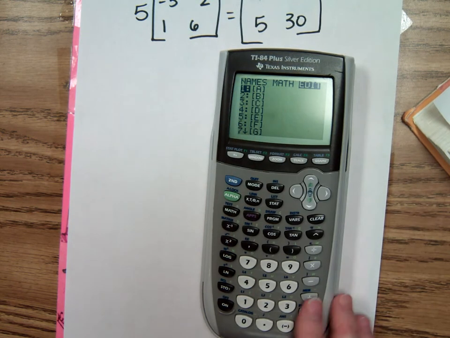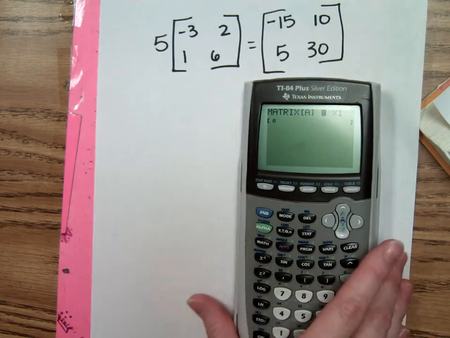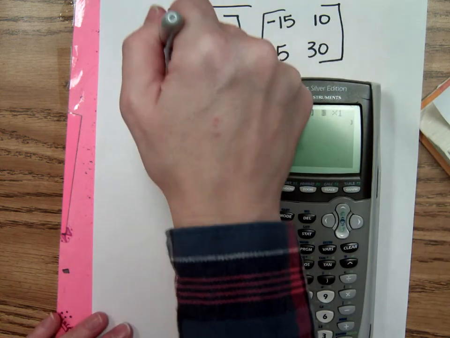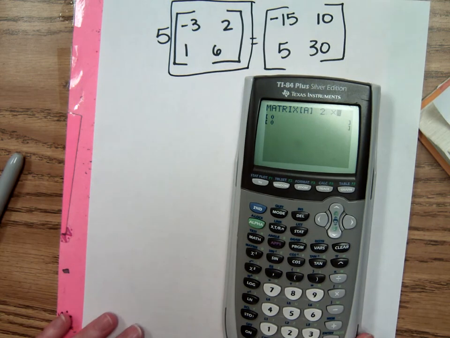Edit is where you put a matrix into your calculator. So click on edit. If you haven't erased your memory in a long time, it's going to be whatever you last had in there. Let's put this one in, this -3. That is a 2 by 2.